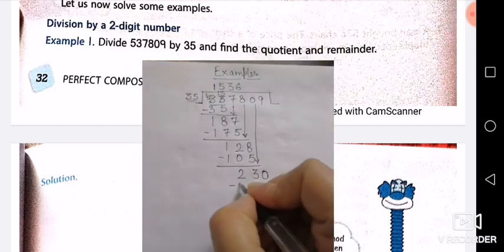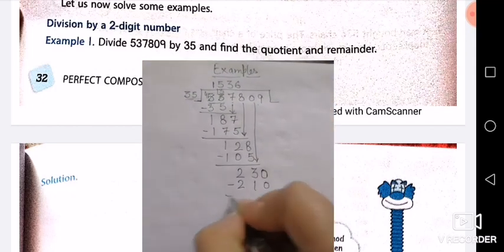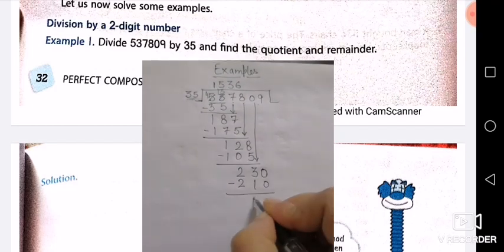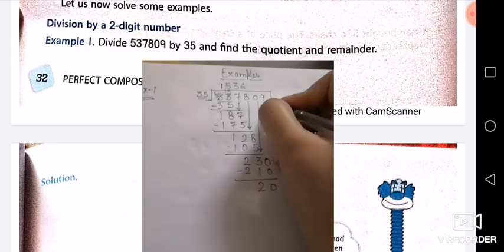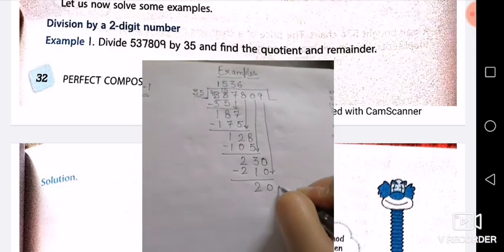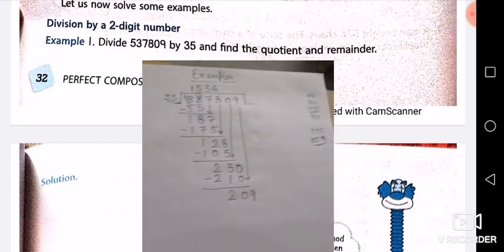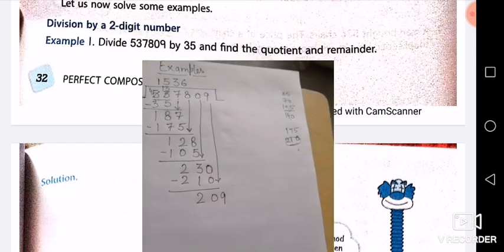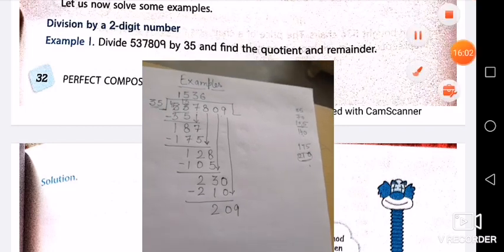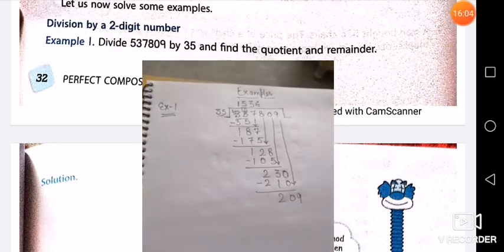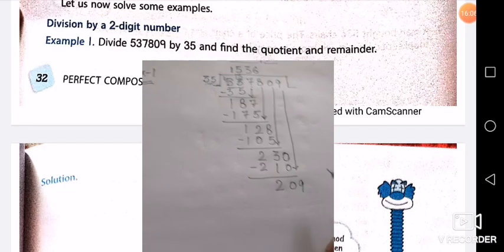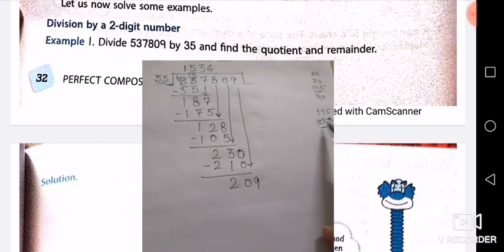So 6 times 210 we will write. Then 3 minus 1, 2 you will get. Then 9 will get down here in the question. Now this 209, you can see which number is nearer. As you can see, 210 is nearer.